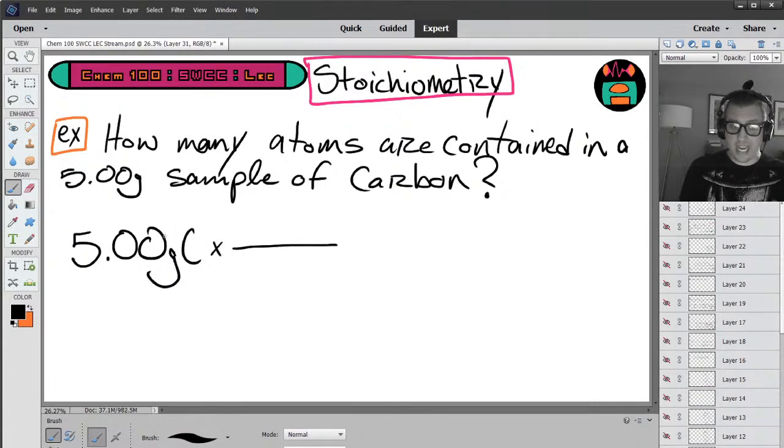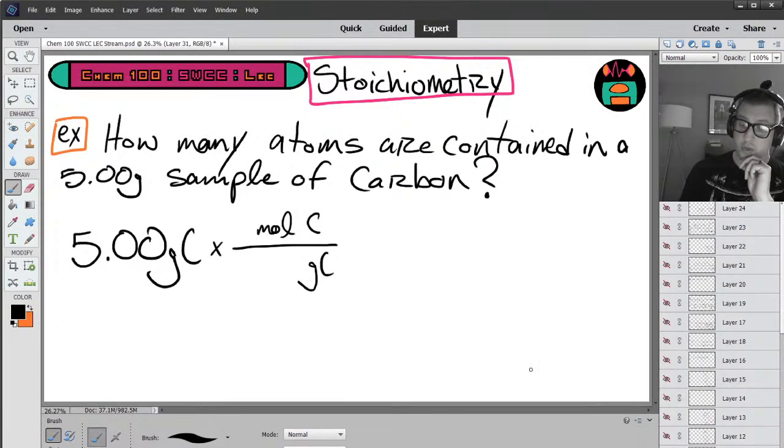First, we want to cancel grams of carbon. So we put that in our denominator, and we want to convert this to moles of carbon. Put that in our numerator. This unit conversion we look up from the periodic table. The periodic table tells us that a 1 mole sample of carbon will have a mass of 12.01 grams.